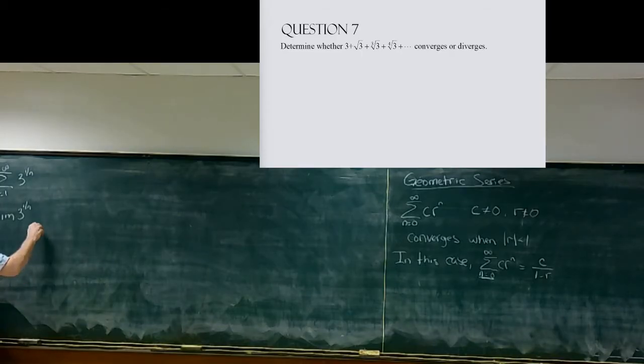So remember the composite function theorem. n's going to infinity. For infinitely large values of n, is 1 over n continuous? Yes, it's only discontinuous at 0, and we don't care about 0 because we're approaching infinity.